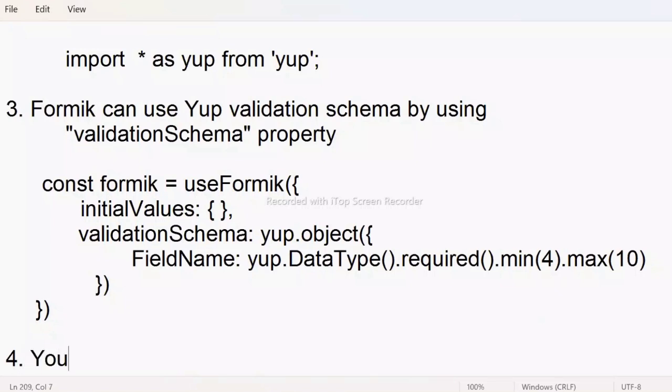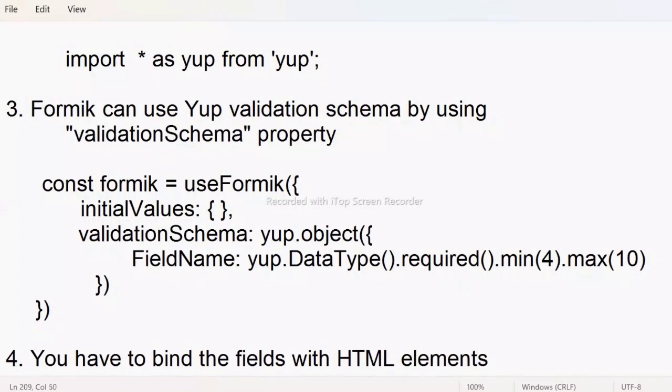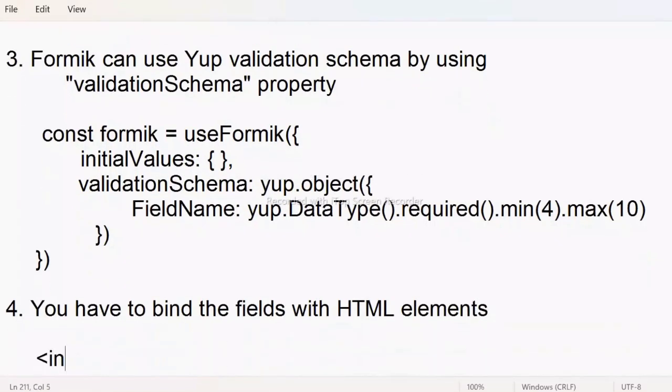Binding means you have to bind the fields with HTML elements. Here we can do it like this: input type equal to text. Now to bind, we can use a simple spread directive. This is triple dot. You know the meaning of this. In JavaScript, what is it?